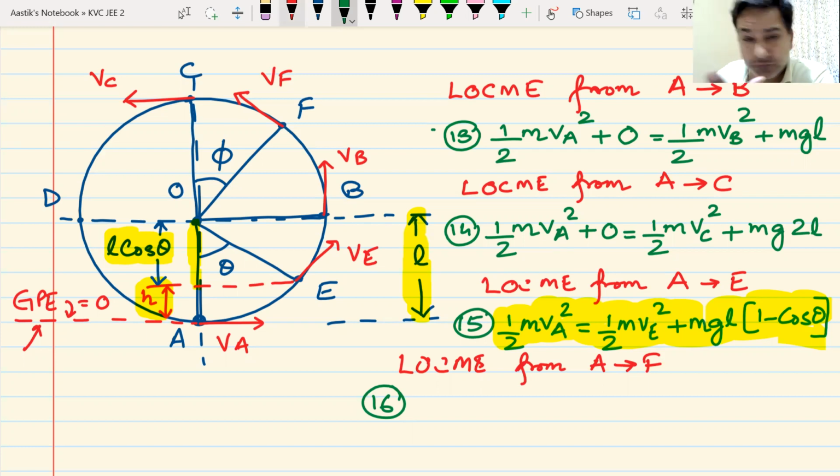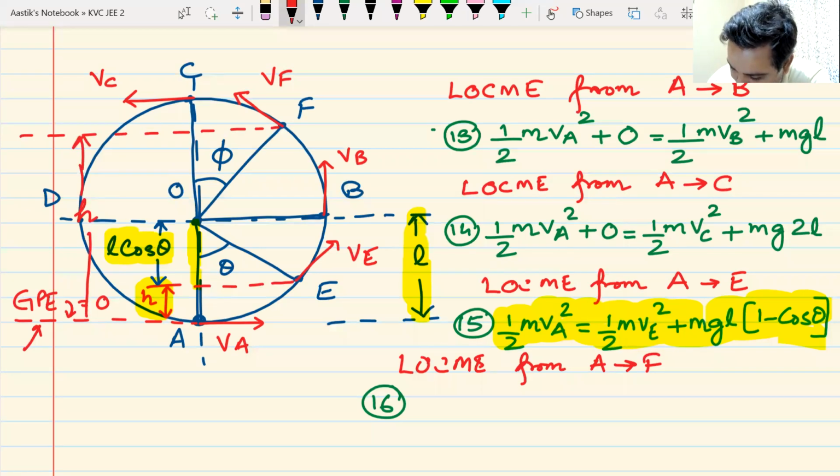So basically what I have to do now is find out this h, which I am now coloring in my favorite color, pink. I have to find out this h.